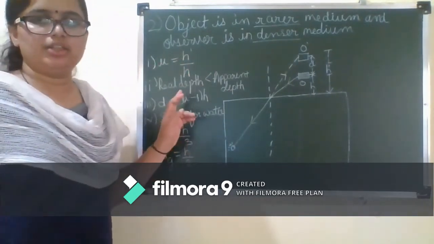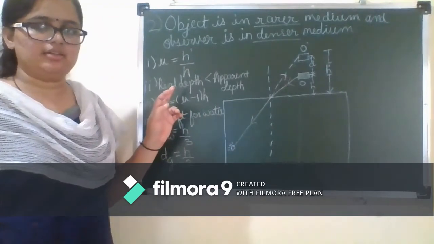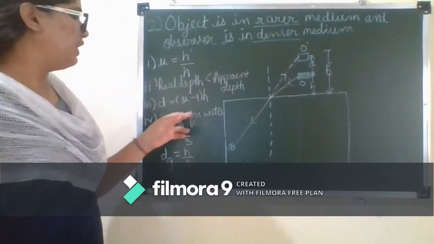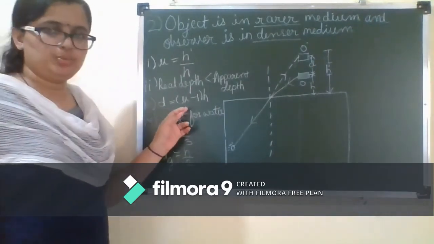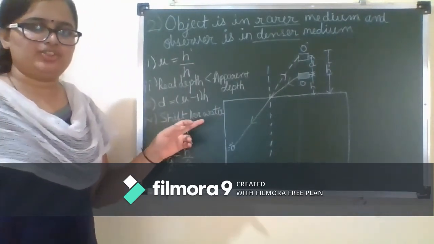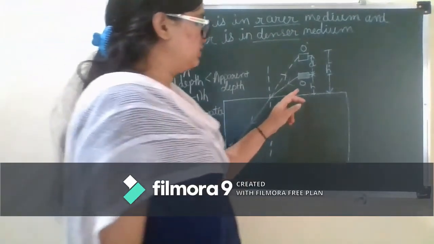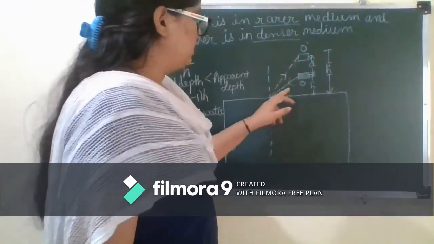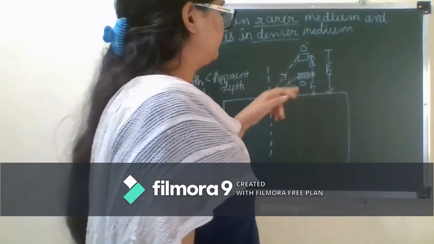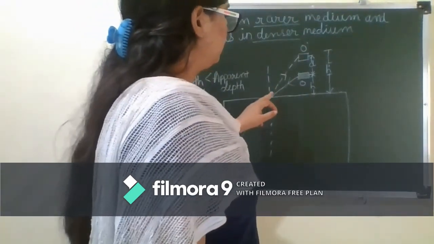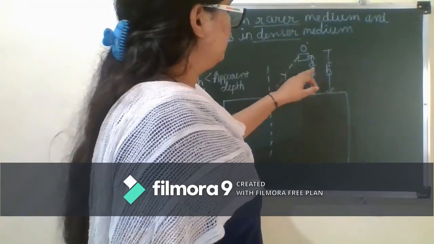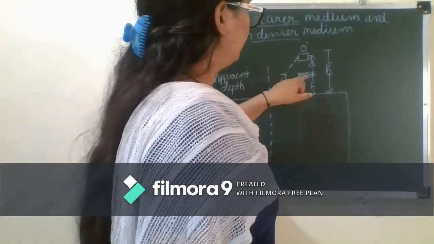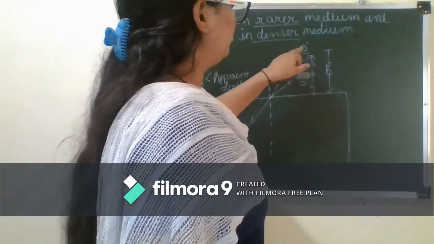In this, the real depth is less and the apparent depth is greater. And then d is equal to (mu minus 1) into h. Here this is O and the observer is observing this object, and here it is O dash. This is the darker one and this is the lighter one.